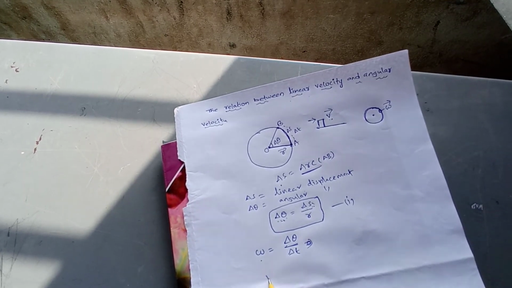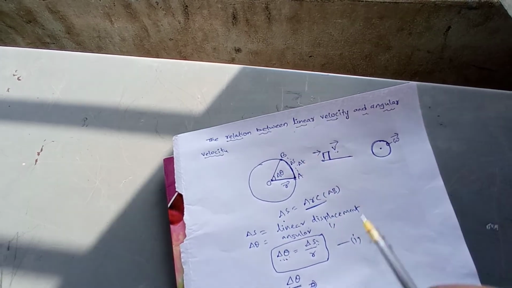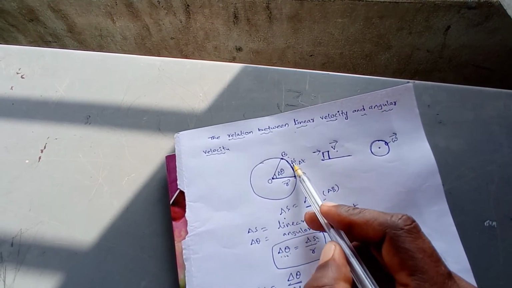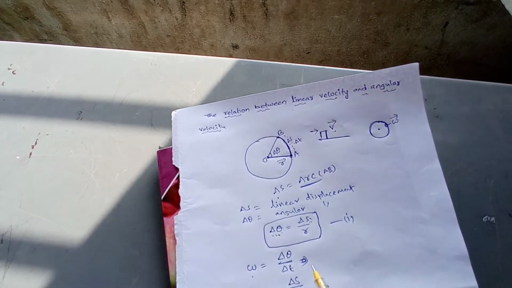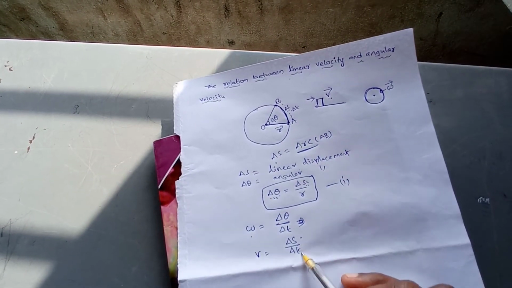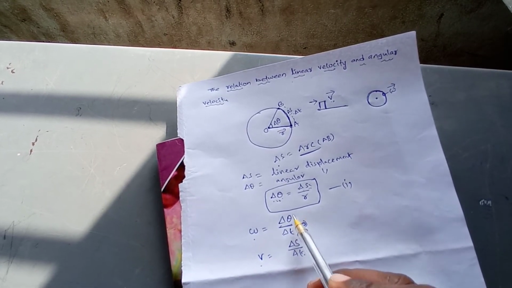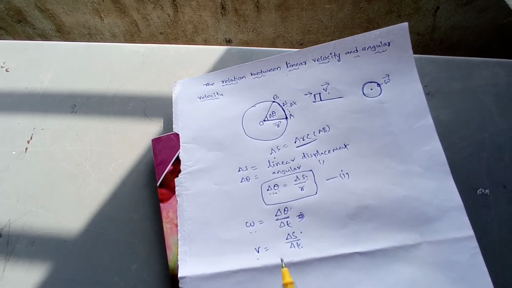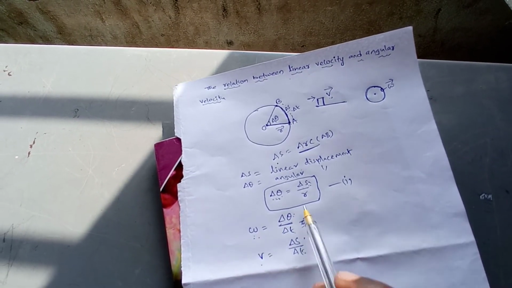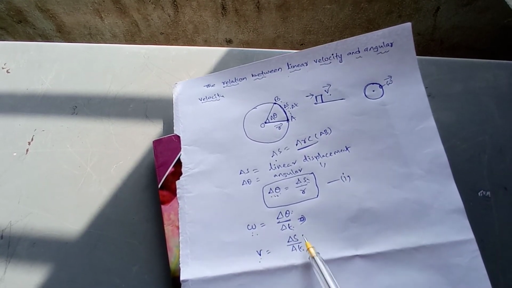Next, what is the linear velocity? From this diagram we get linear velocity, that is delta S by delta t. So linear displacement per time gives linear velocity. Angular displacement per time gives angular velocity. What is angular velocity? Angular displacement per time. What is linear velocity?